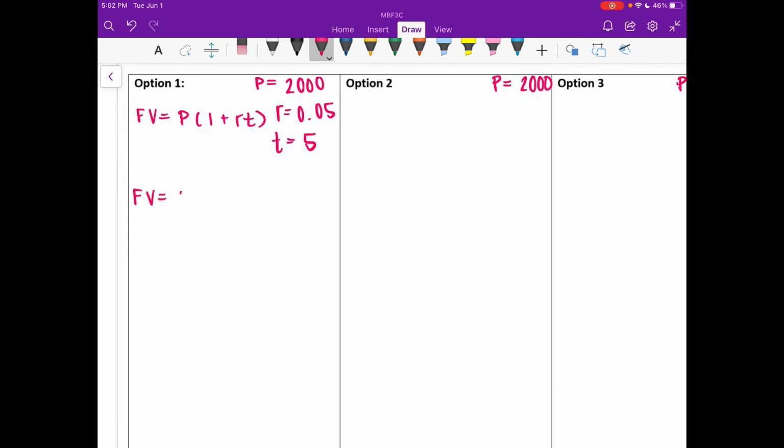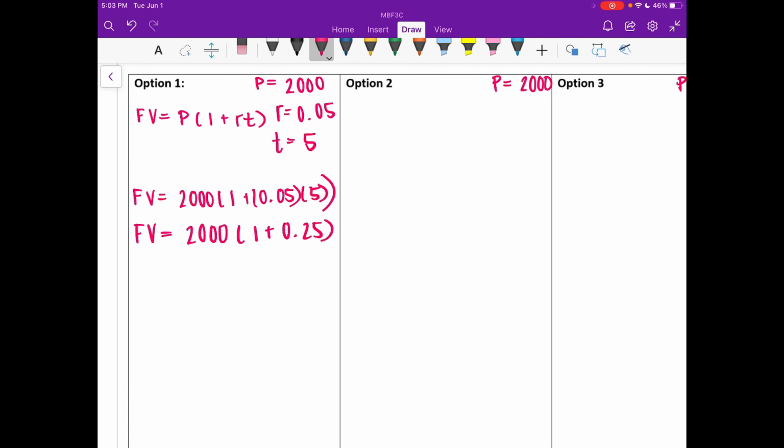FV equals 2,000 (1 + 0.05 times time). So let's do that. 0.05 times 5 is going to be 0.25, plus 1. So I'm going to have future value is equal to 2,000, and you can just honestly do this all in one step.